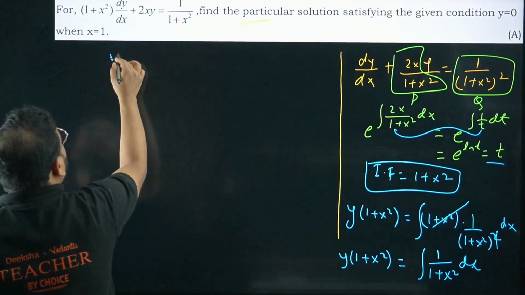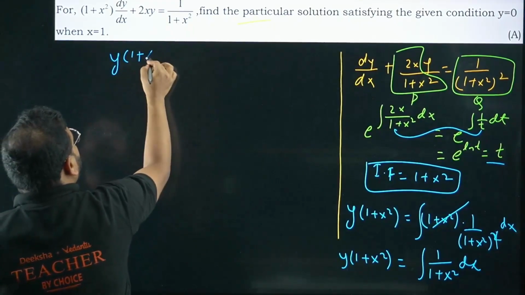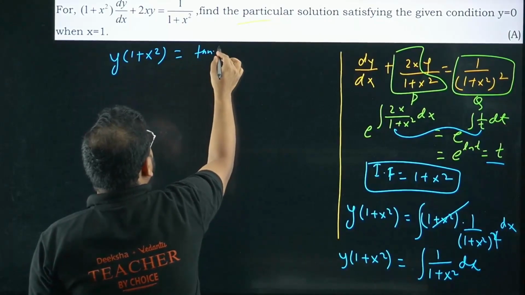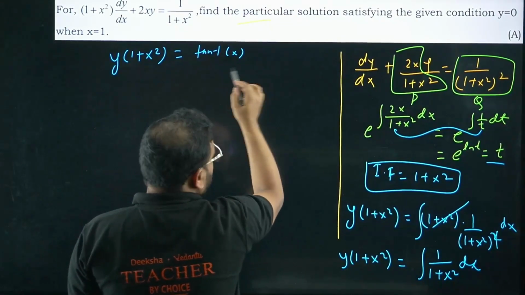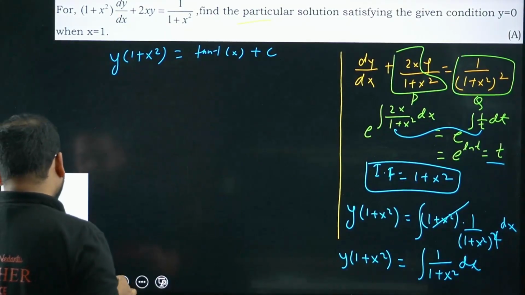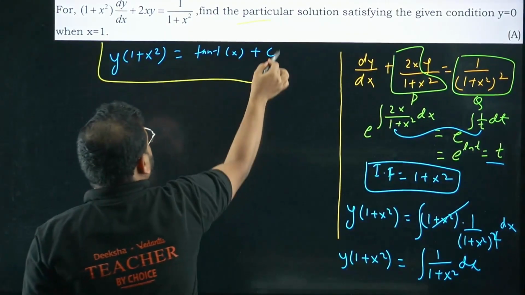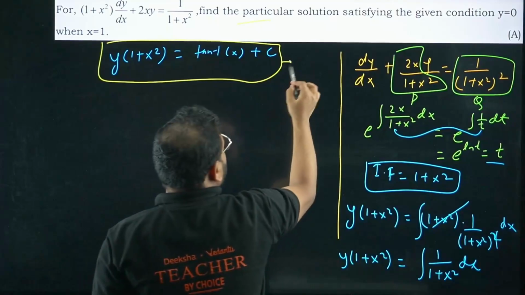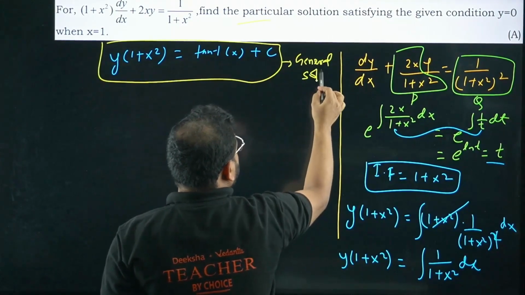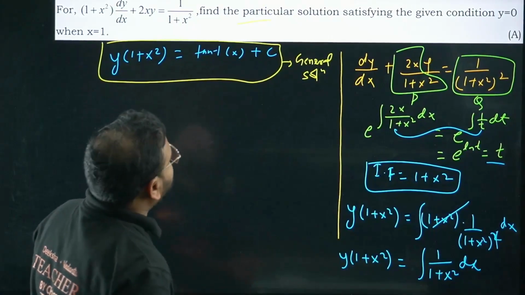Now y times 1 plus x square equals tan inverse of x plus c. This is my general solution. I'll put the x and y values now.